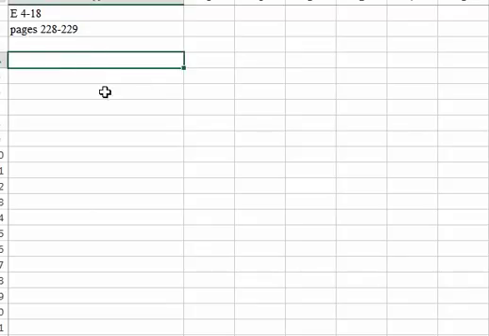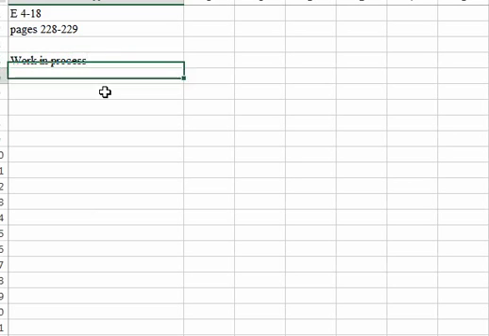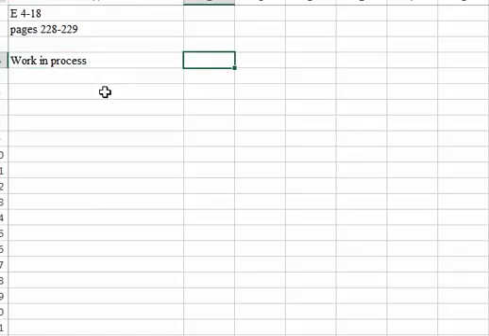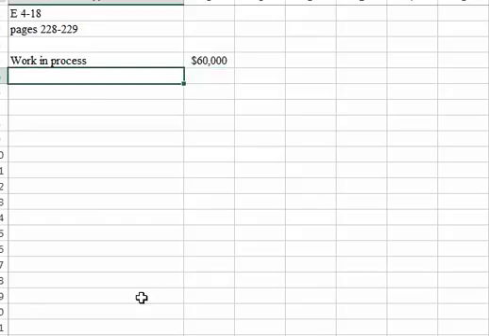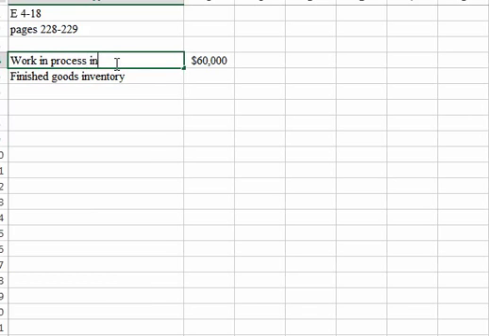We'll start with work in process, and the amount there, the balance of the account is $60,000. Then for finished goods, I'm going to say inventory. It's really not necessary. I'm sure you guys know those are inventory accounts, but I'm going to include it anyway.